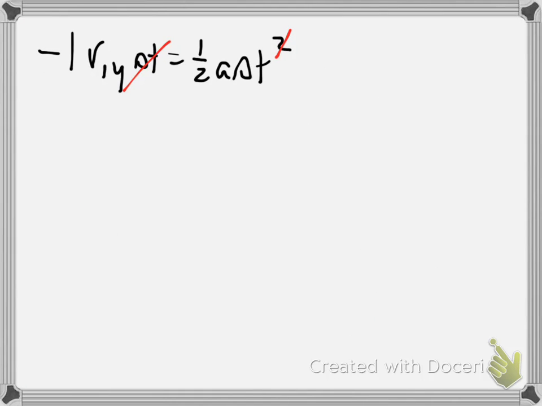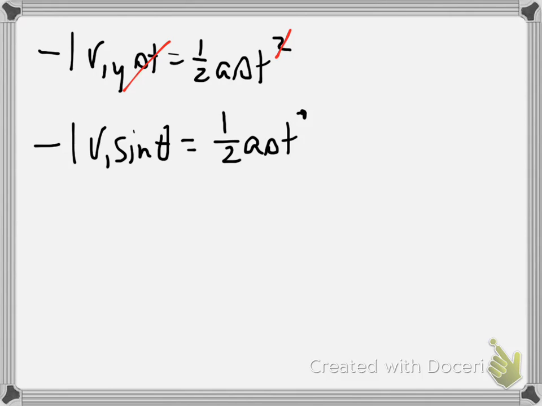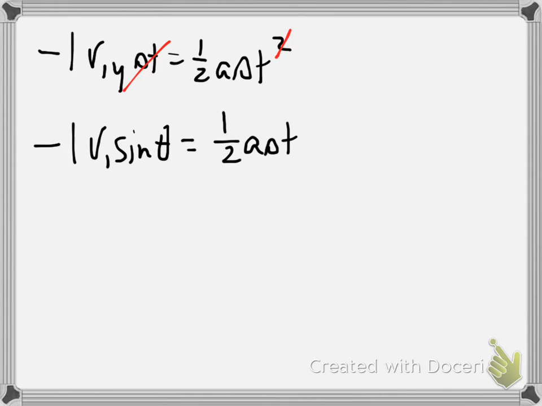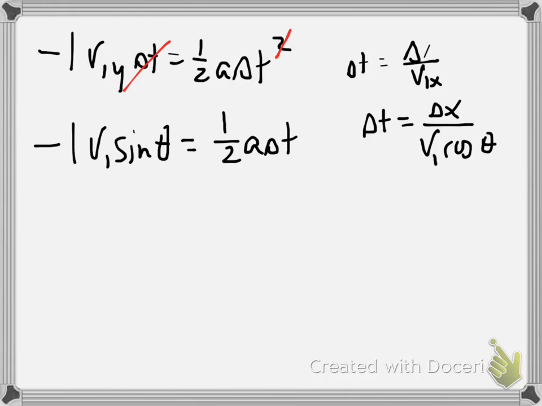So a couple things. VIY is in fact VI times the sine of theta, and that's equal to 1/2 A delta t. Oops. Well, delta t, we remember from back here, was equal to delta x over VIX, and VIX is VI cosine theta.